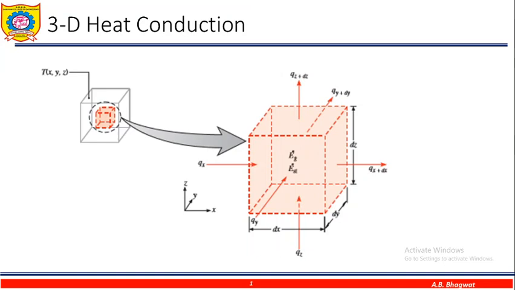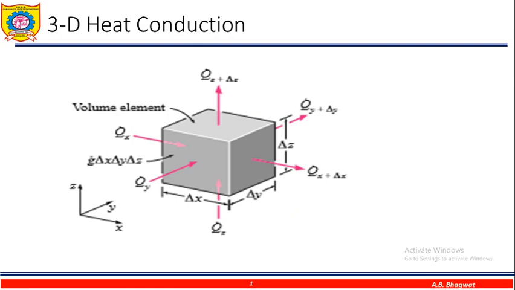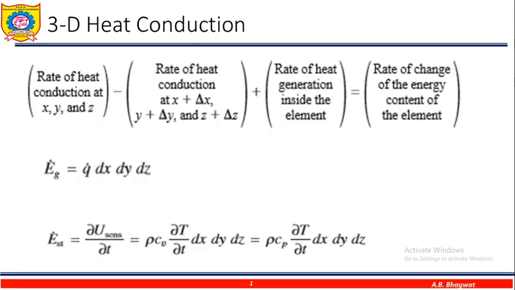So if I want to represent this physical process in a single equation, how do I do it? Rate of heat conduction at x, y, z minus rate of heat conduction at x plus delta x, y plus delta y, and z plus delta z, plus rate of heat generation inside the element is equal to the rate of change of energy content of the element.